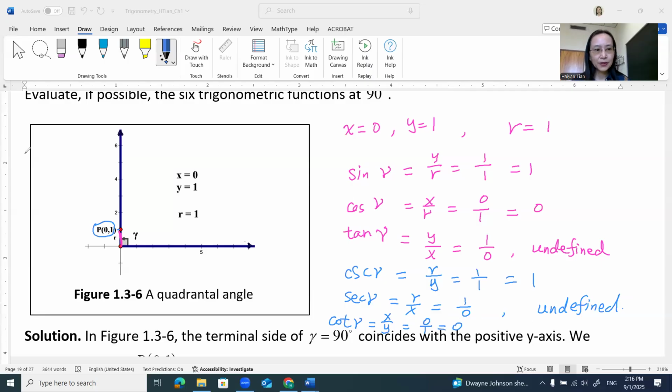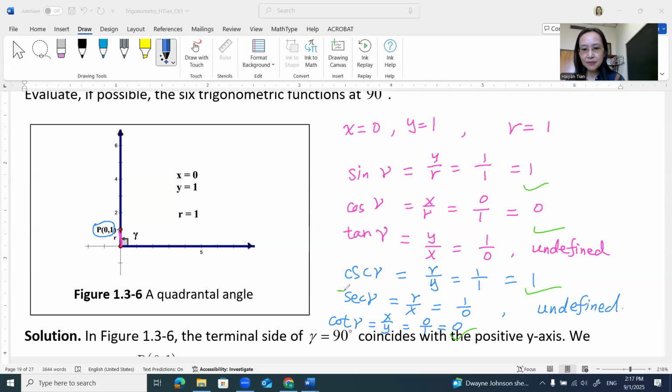So we have found all, actually, 4 trigonometric function values, but 2 of the 6 are undefined. So we have sine, cosine, cosecant, cotangent.